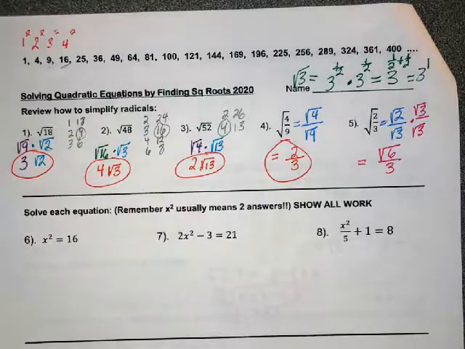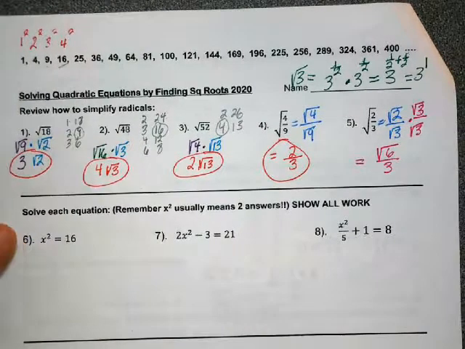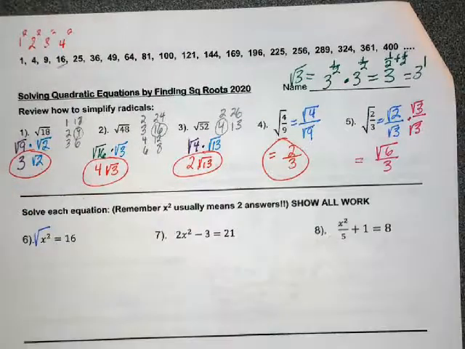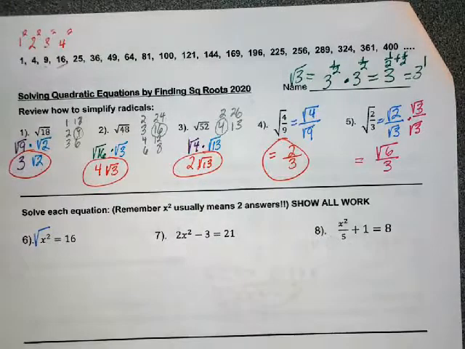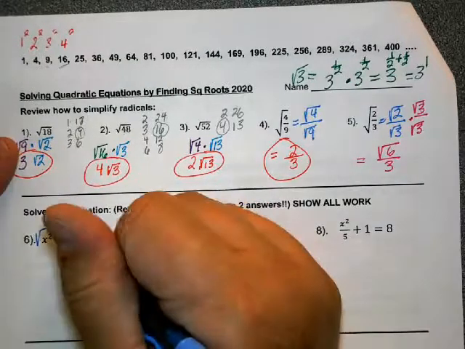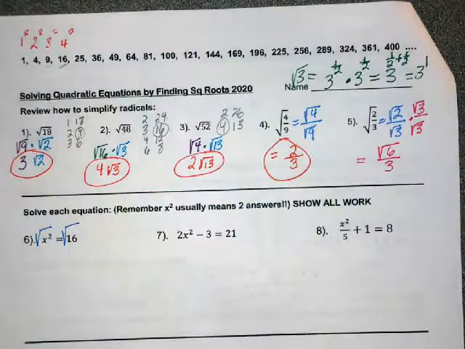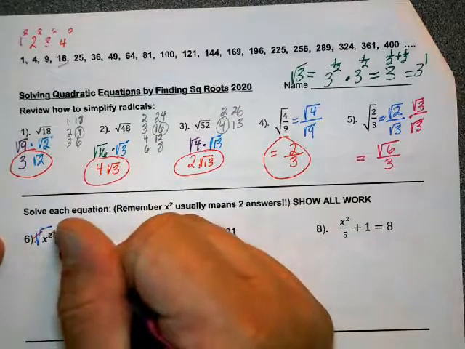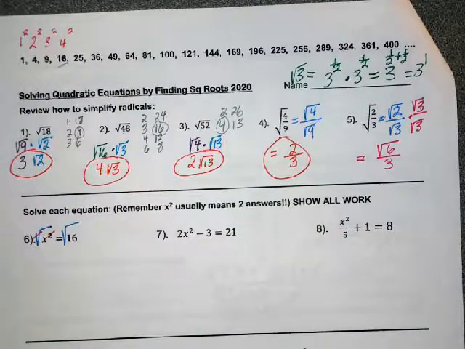So to get rid of the power of 2, I'm going to take the square root of that, which means whatever I do to one side, I have to do to the other, right? What happens is that square root cancels out the power of 2. So I'm left with x.